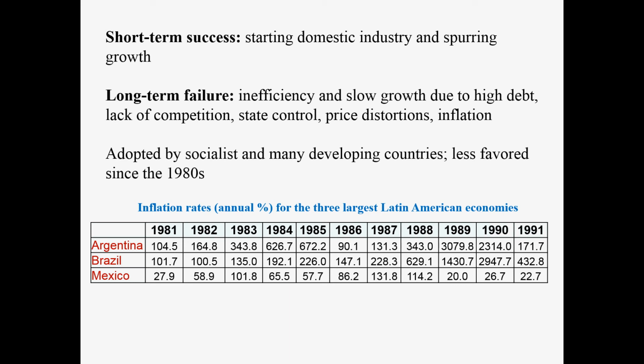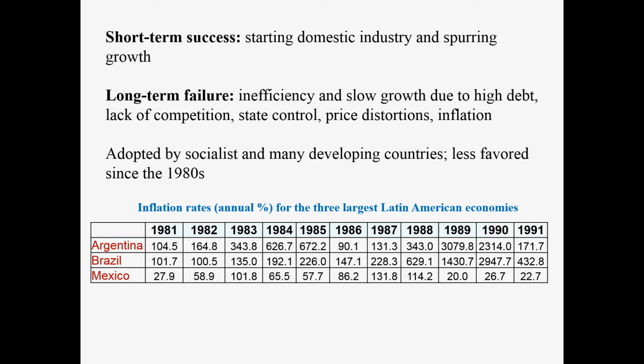Therefore, government protection means those domestic industries have no competition from foreign firms. They are not worried about losing their market, and therefore they become very inefficient. They do not get into the mode of innovating in technologies and trying to improve their products.